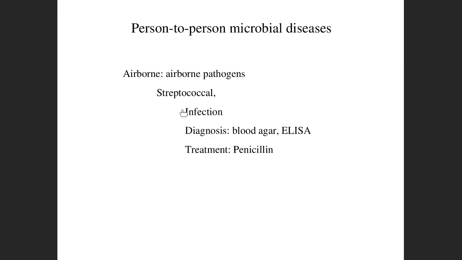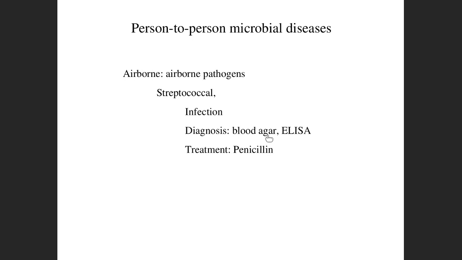And so these are the streptococcal infections, two examples. We can use blood agar to diagnose which streptococcus you have. Now in the lab, you probably did a blood agar exercise trying to see whether hemolysin is produced.